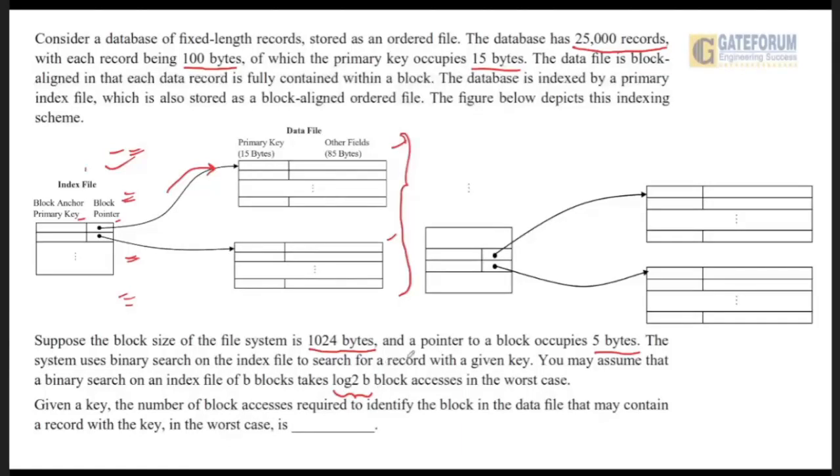So first thing you can see that what is the block size? The block size is given as 1024 bytes. Let us write block size is equal to 1024 bytes.